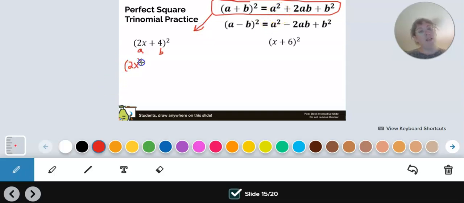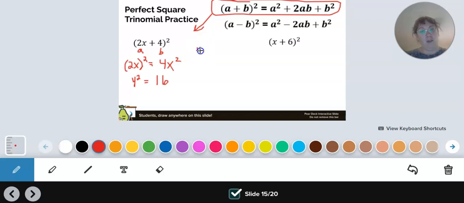So 2x squared, 2x times 2x is 4x squared. Then we need b squared, which is that number 4 squared, which gets us 16. And then the middle term is 2 times a times b.